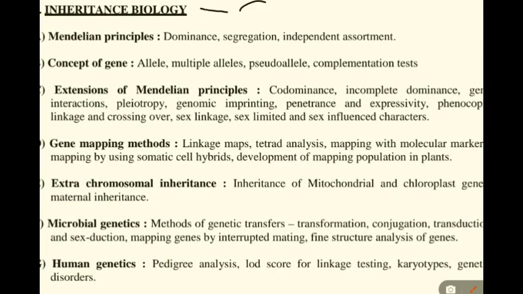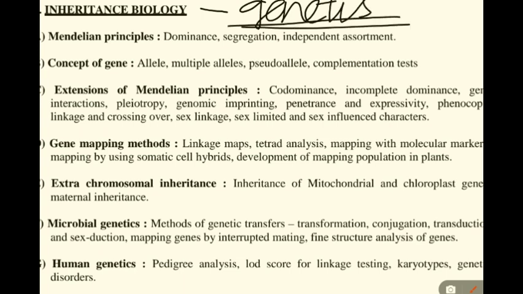Next, about genetics. In genetics, we will learn about Mendelian principles: Mendel's law of segregation, law of independent assortment, law of dominance.